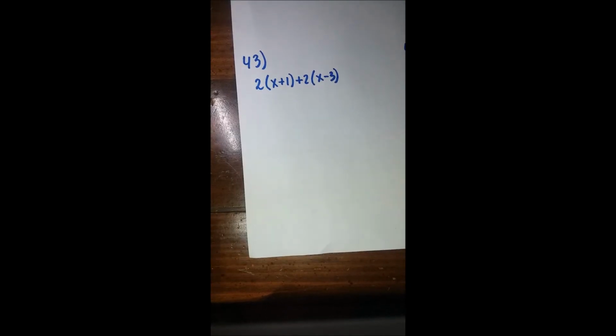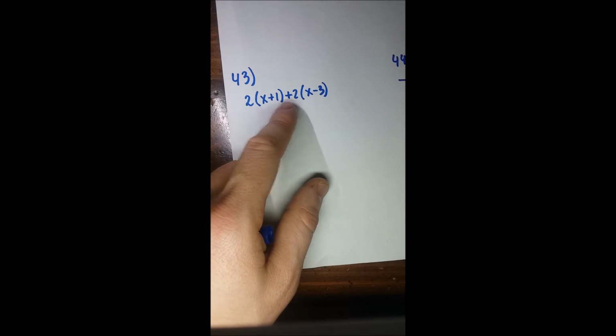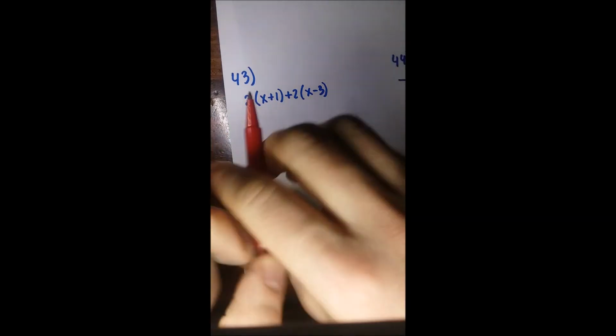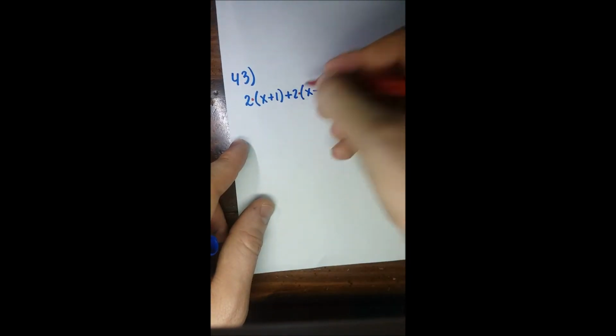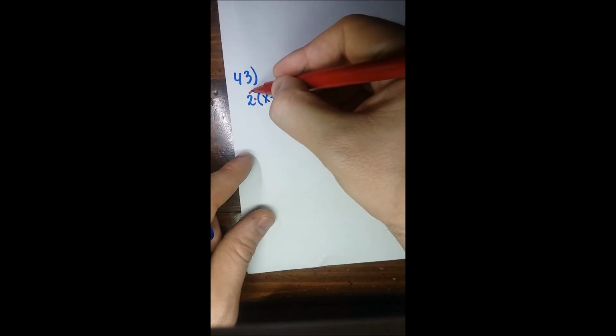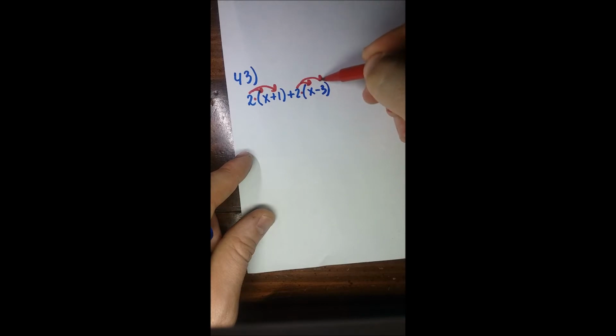So example 43. Here we have just like the previous two examples, but in this case we have two distributions to do. Easy. You're already experts at this by now. So there's multiplication here. What you're going to do is multiply this 2 into this parenthesis and this 2 by this parenthesis.